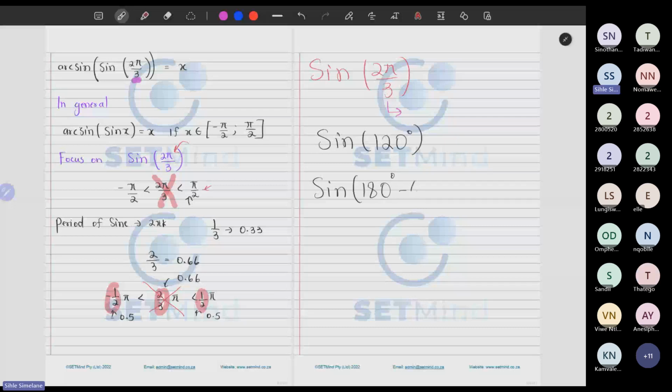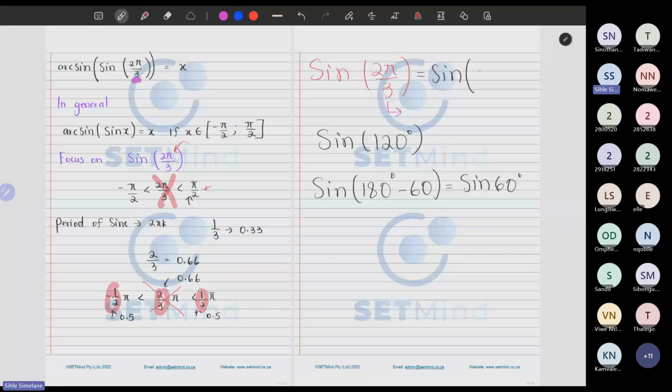So sine of 120 is the same as sine of 60. So this is equal to sine of what in radians? What is 60 in radians? Pi over 3.